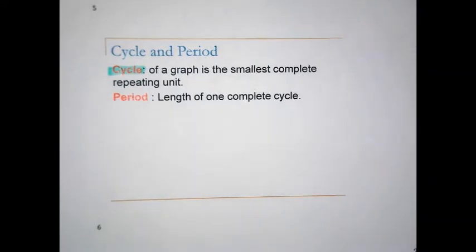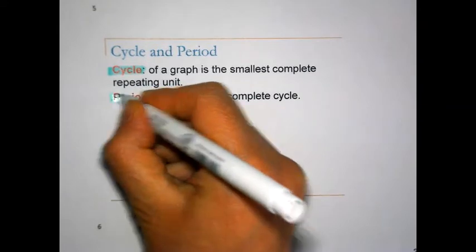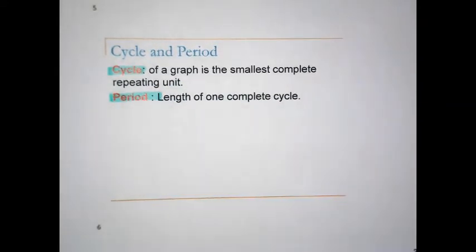What is the smallest unit you can get from the graph and keep pasting it, and you will get this periodic graph. And then what is a period? We look at the length of this one complete cycle, and that is called the period of the graph. So now we are going to do that for both the sine and cosine functions.